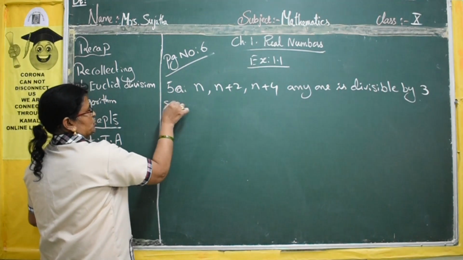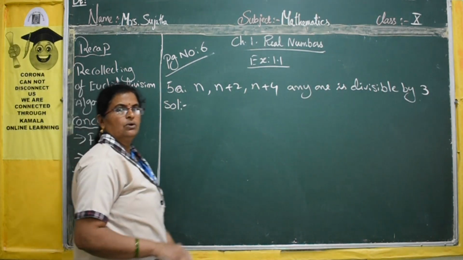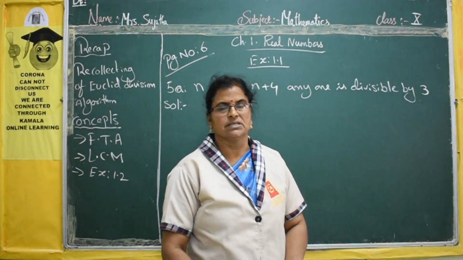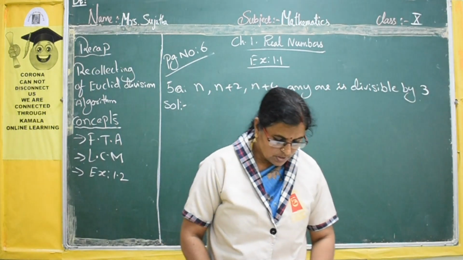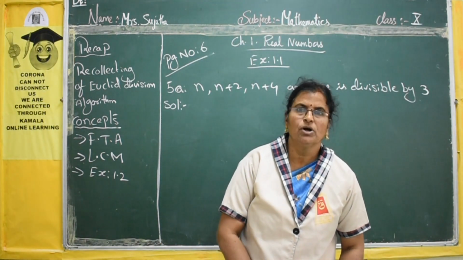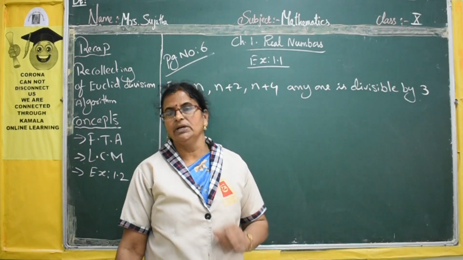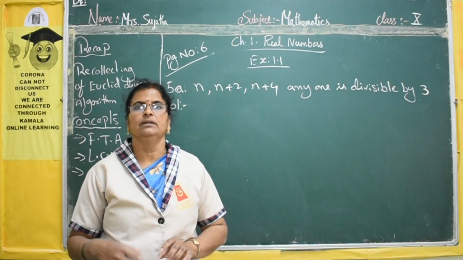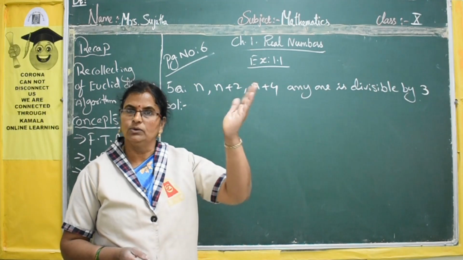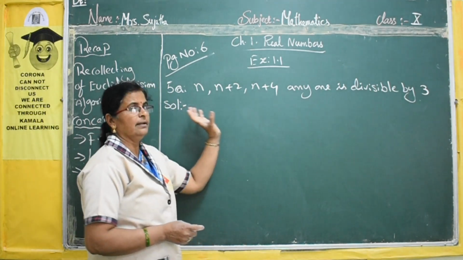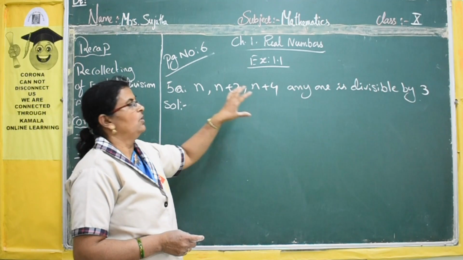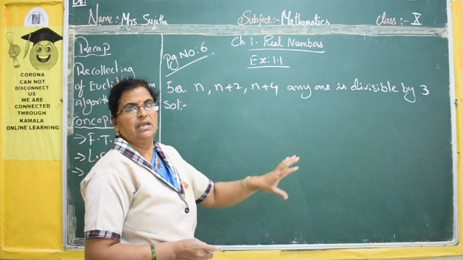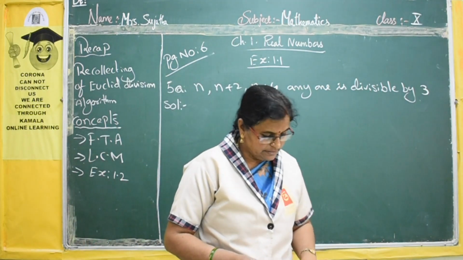Now, solution. According to Euclid's algorithm, what can we say? Any positive integer can be in the form of 3q, 3q plus 1, or 3q plus 2. So we are using these forms and substituting them here. Then we will see which one is divisible by 3.